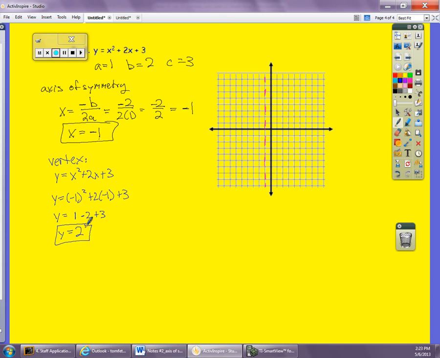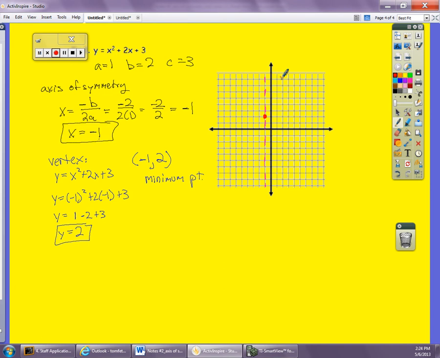So our vertex is negative 1, positive 2. So here's our vertex. A is positive, so this is a minimum point. And we'll notice that on our graph. So if we graph negative 1, 2, we know that's our minimum, so it's going to make our U shape going up.